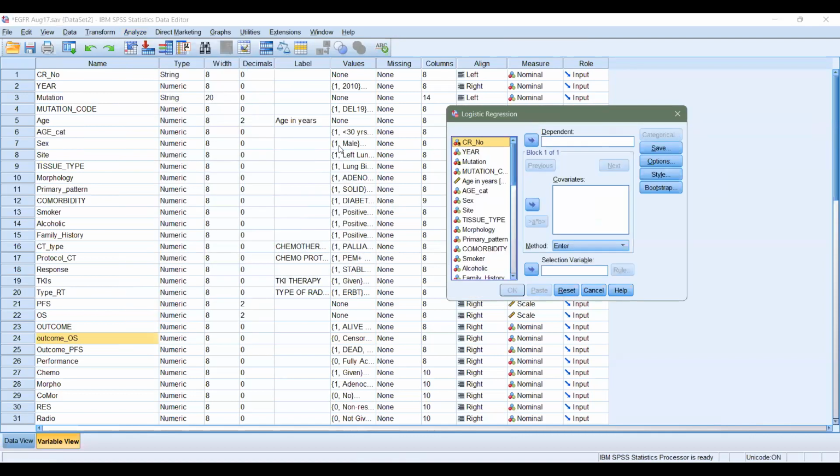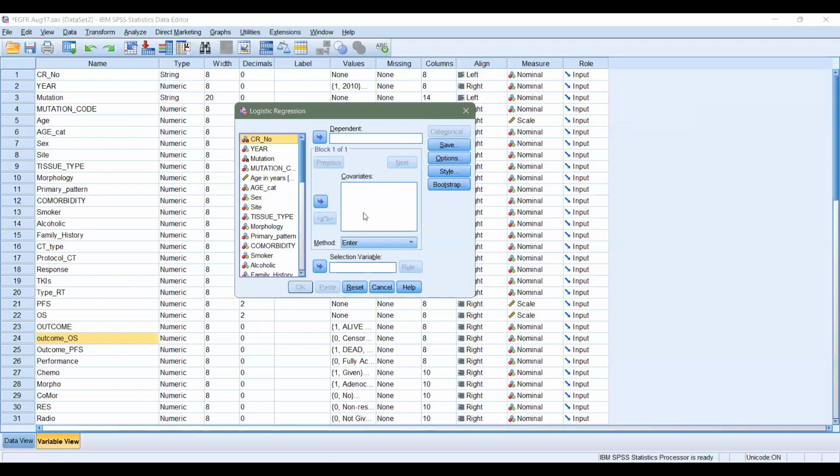It asks for the dependent variable, and instead of independent variables, it asks for covariates. The methods are the same, such as backward. Why is there a conditional method? Because if you are using a matched case-control study, you can use it. Otherwise, always remember the enter method is the best. You have to try your own combinations and permutations according to the literature and your research.